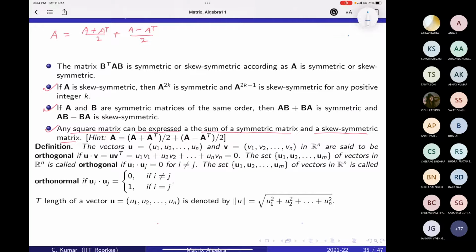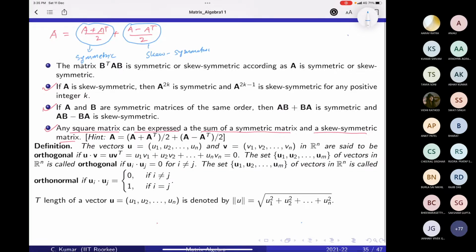Now you can easily show that A plus A transpose by 2 is a symmetric matrix, and A minus A transpose by 2 is a skew symmetric matrix. Let us see how this is true. You have A plus A transpose divided by 2.